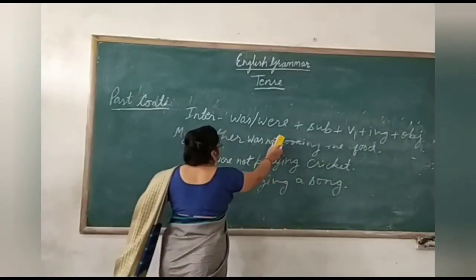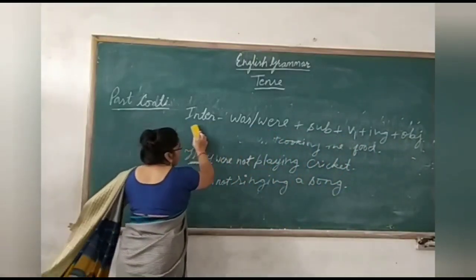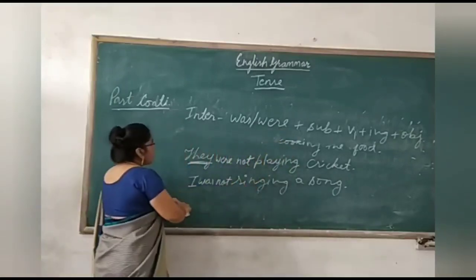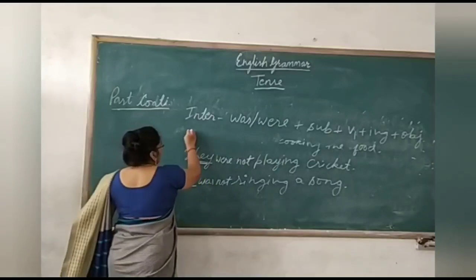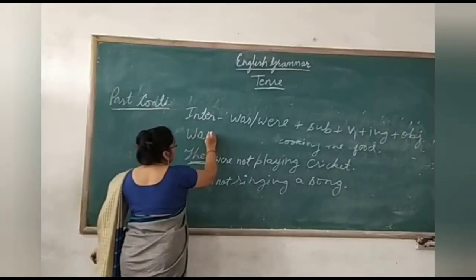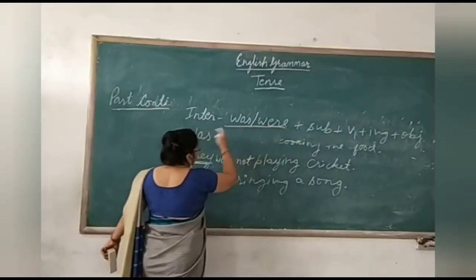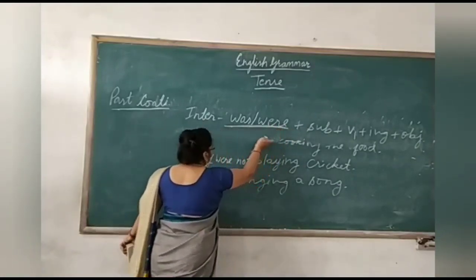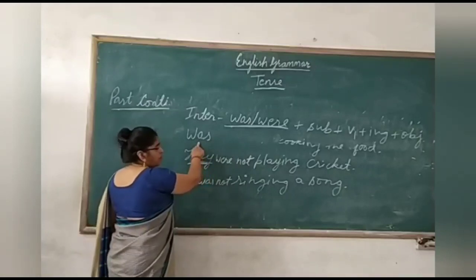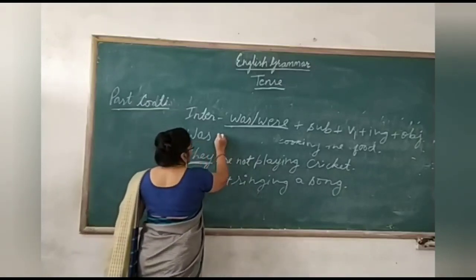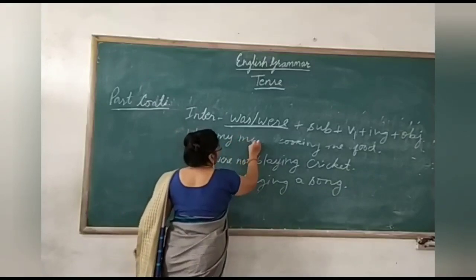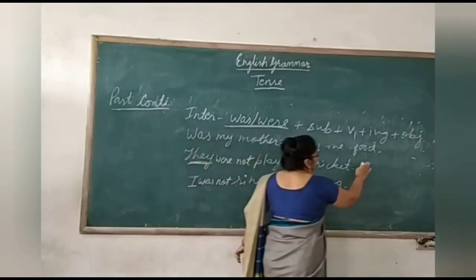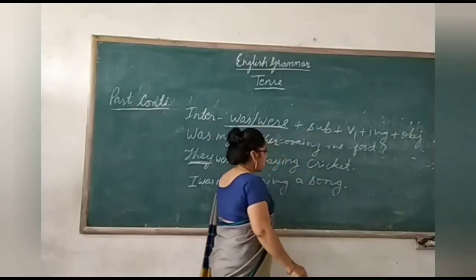Same sentence, let us convert into interrogative. So in interrogative, what we'll do? We'll write the helping verb first here. Was my mother cooking the food? You have to put the question mark here. Clear?